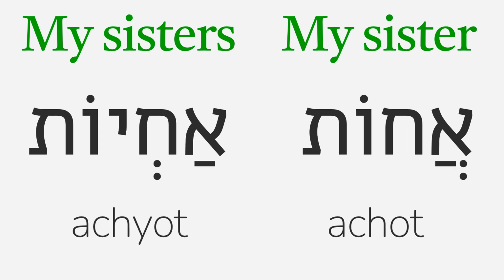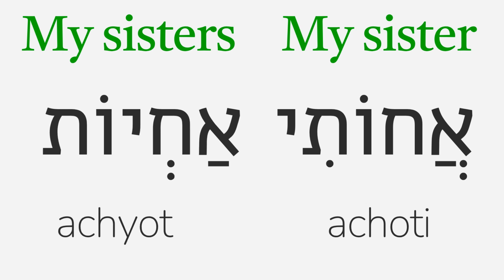Then for singular nouns, we add the first group suffix, which is i. We add i onto achot to get achoti, my sister, singular. And for plural nouns, we add the suffix from the second group of suffixes we learned, ai. We add ai onto achyot to get achyotai, my sisters, plural.